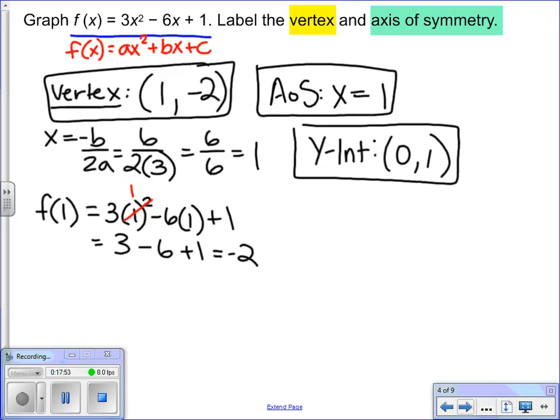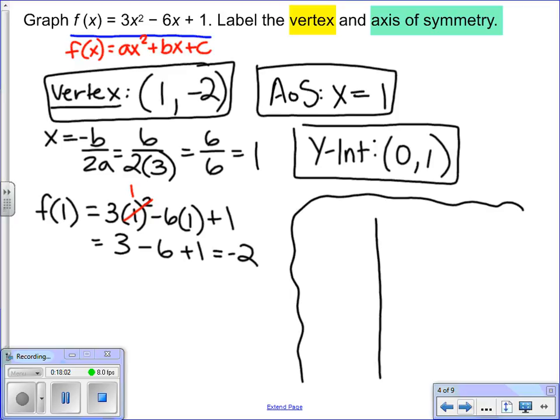Now this question doesn't ask you to graph, but it's worth mentioning that by doing this work, we can make a really nice graph for our quadratic function. We know we have a vertex at 1, negative 2, so I could go right 1 and down 2. That's where my axis of symmetry passes through, x equals positive 1.